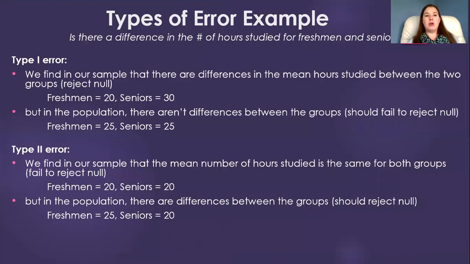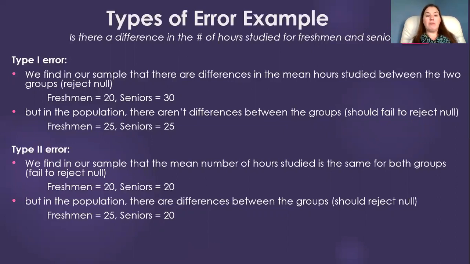Let me give you an example, thinking with statistical values more clearly. Say we were asking a research question like, is there a difference in the number of hours studied for freshmen versus seniors? An example of how we might see type 1 error: we take a sample of freshmen and a sample of seniors, and we take the mean number of hours that freshmen study and the mean number of hours that seniors study.